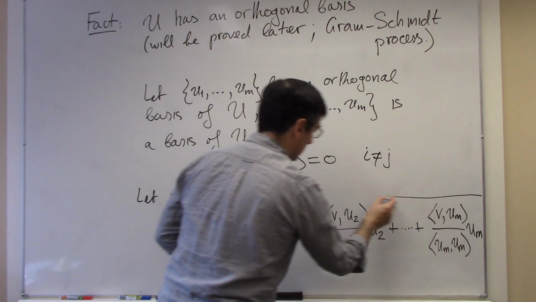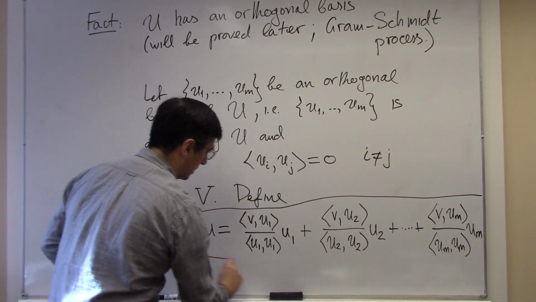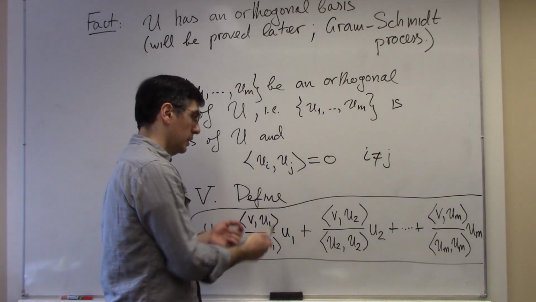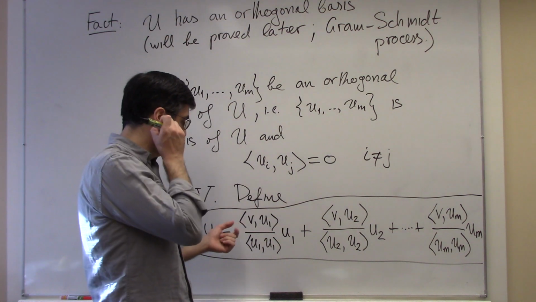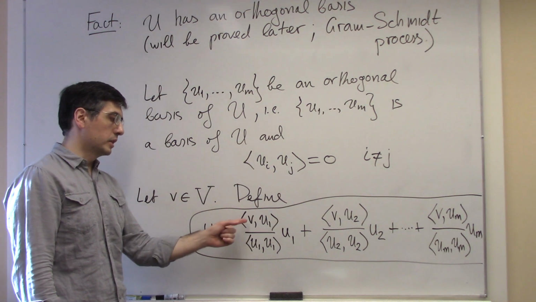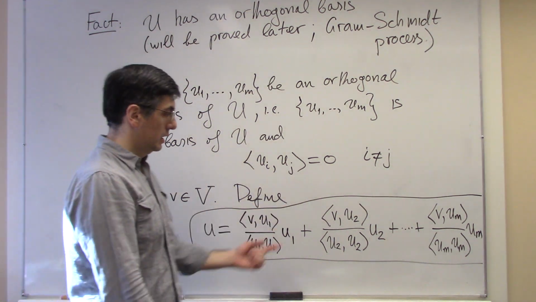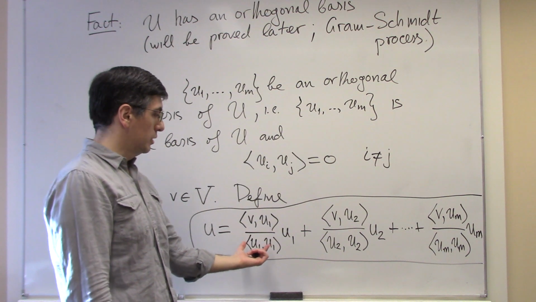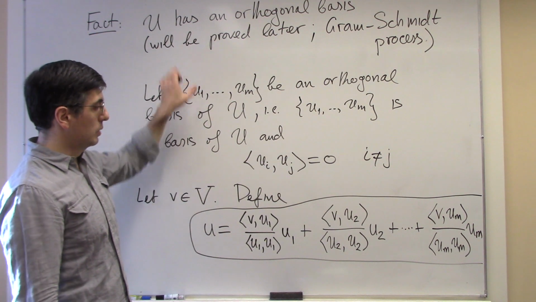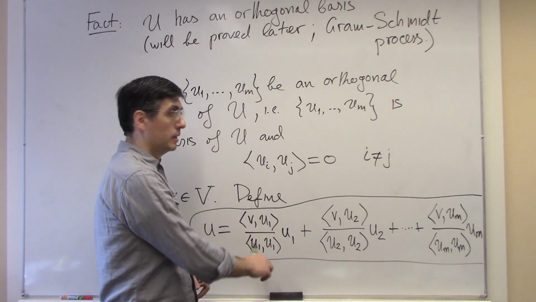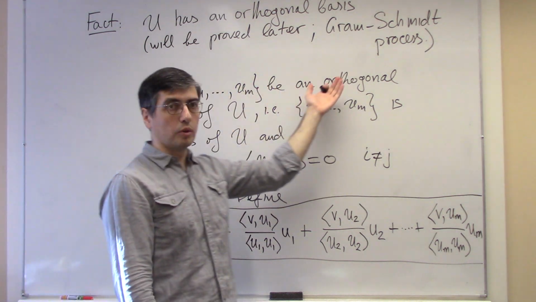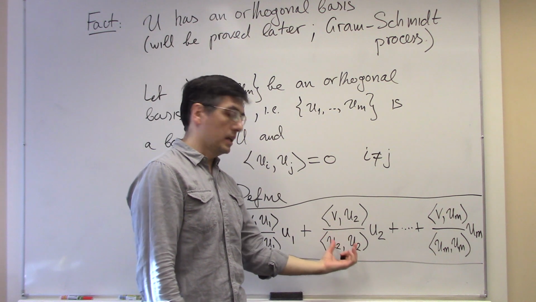So there is an important formula that you should remember, or at least try to, well, it's not hard to remember. You take the vector that you started with, and you take the inner product of V with all the vectors in this set, and you divide them by the length of the vector. In the textbook, you will notice that this part is missing. The reason is that in the book, the basis is assumed to be orthonormal, which means that every vector has length 1.